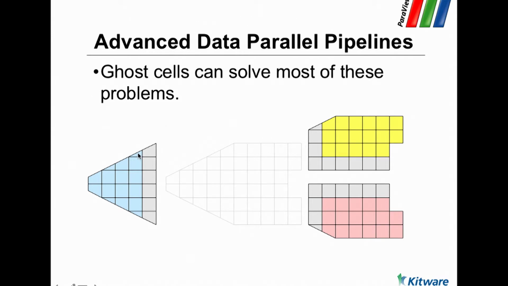So instead of having this blue data piece, you duplicate a row of cells there, and you mark those cells as being special, called ghost cells. And that's going to help also when you interpolate values that are close to the edge. So they help with many problems.